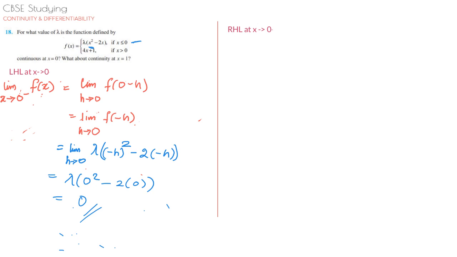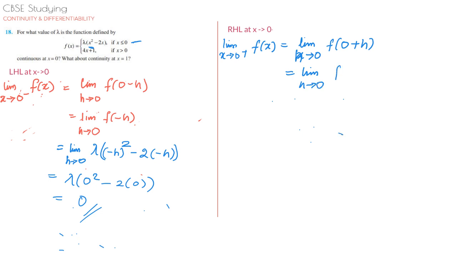On the right hand side again I have limit x tends to 0 positive f of x, which is equal to limit h tends to 0 f of 0 plus h, which again becomes equal to limit h tends to 0 f of h. So when x is greater than 0, I'm going to use this function.